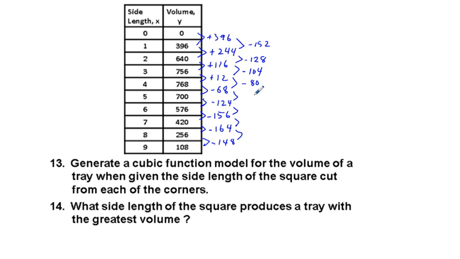We have negative 124 minus negative 68. So that's going to be negative 124 plus 68. That's going to be negative 56. Then we have negative 156 minus negative 124. So that's going to be the same as negative 156 plus 124. For that, we get negative 32.